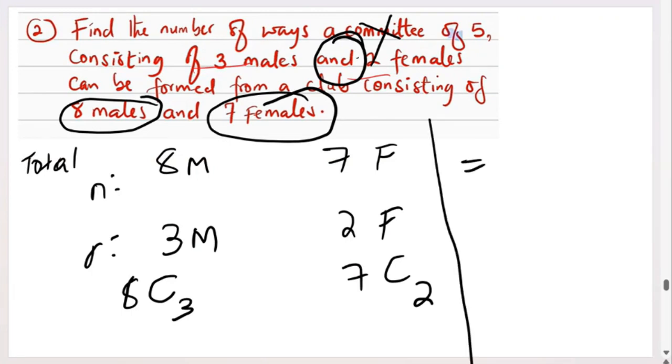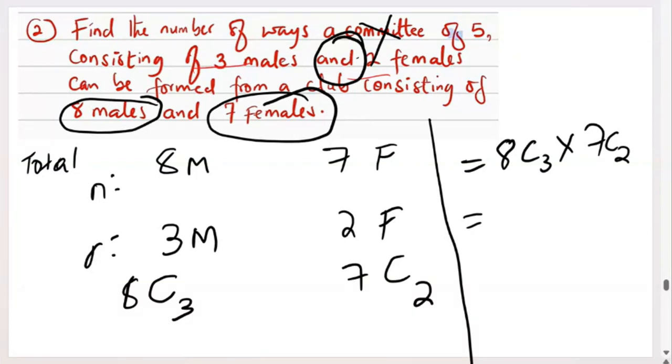You're going to have 8C3 multiplied by 7C2.